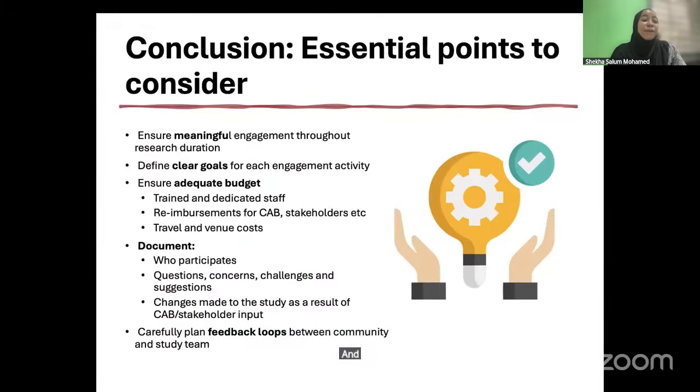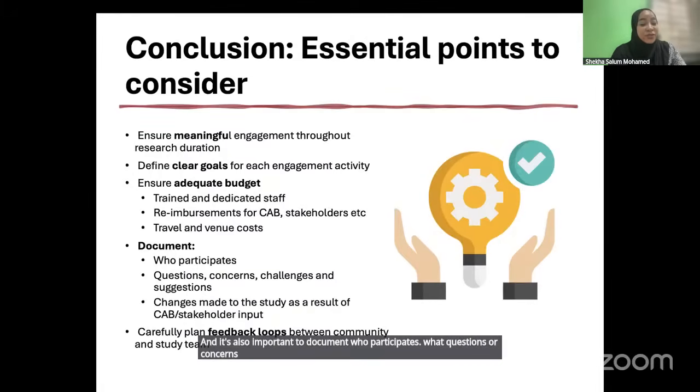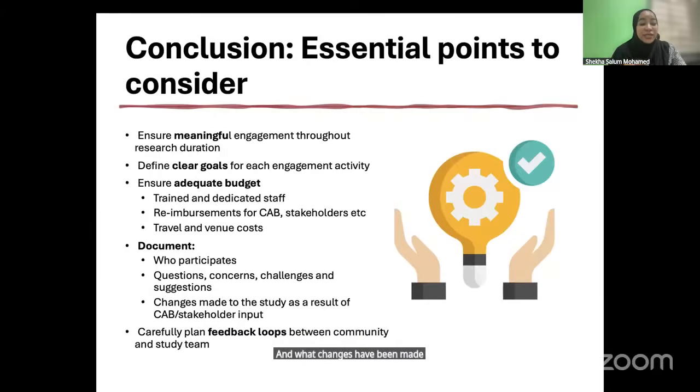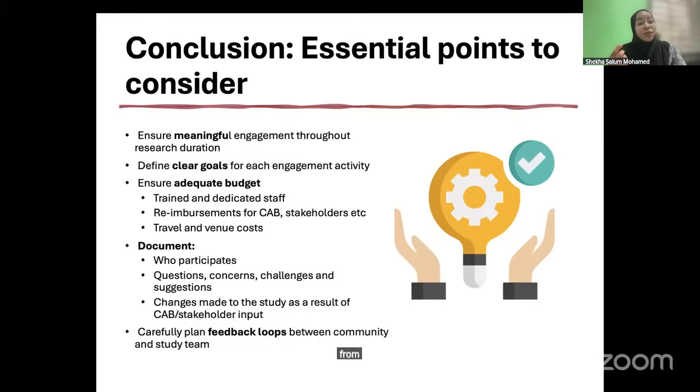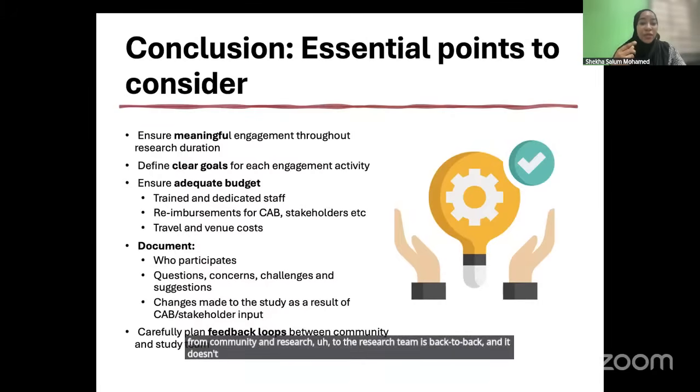And it's also important to document who participates, what questions, concerns, challenges, and suggestions have been raised, and what changes have been made to the research as a result of community or stakeholder input. Lastly, but not least, it's important to carefully plan feedback loops to ensure communication between the community and the research team is back and forth, and doesn't break in between.